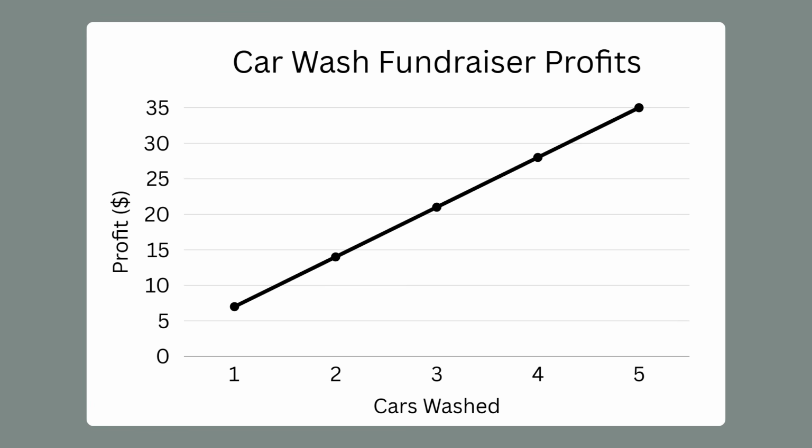So the amount of money that we make, the profit, is going to depend on the number of cars that we wash. So if I wash just 1 car in this situation, I'm going to make $7. If I wash 2 cars, I'm going to make $14, so on and so forth. So as the number of cars washed increases, the amount of money we make also increases. And you can see, again, very simple XY relationship.